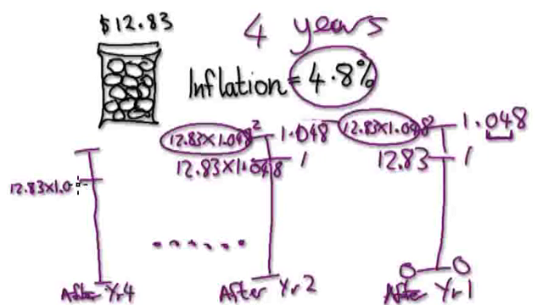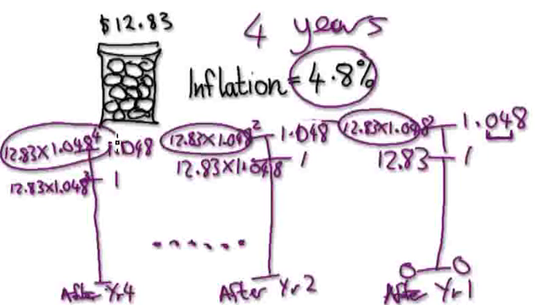So 1.048 to the power of 3. And then after year 4, it would jump to this, 0.48. So our final answer would be 12.83 times 1.048 to the power of 4. Okay, so this would be our final answer.